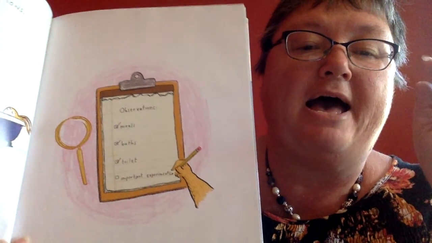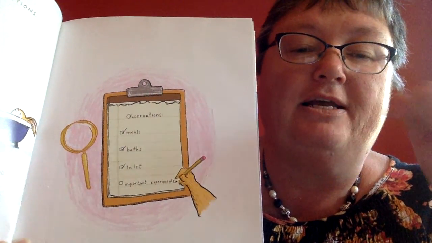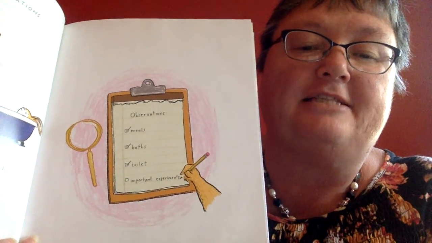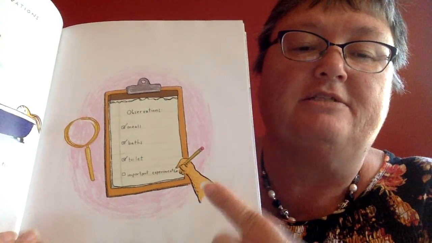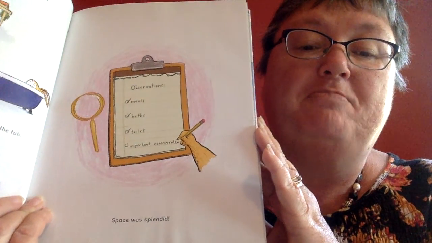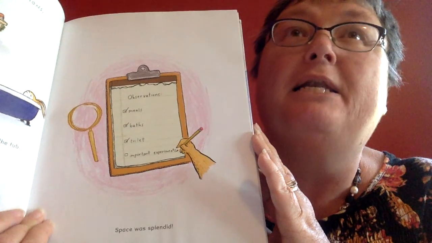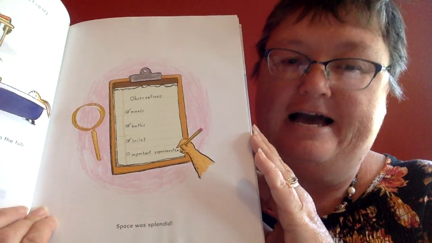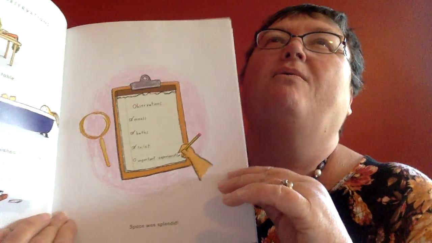Meals, check. Baths, check. Toilet, check. And then the last thing on her list, important experiments. Space was splendid. I want you to think of what are some good synonyms for splendid? Good, great, astounding.